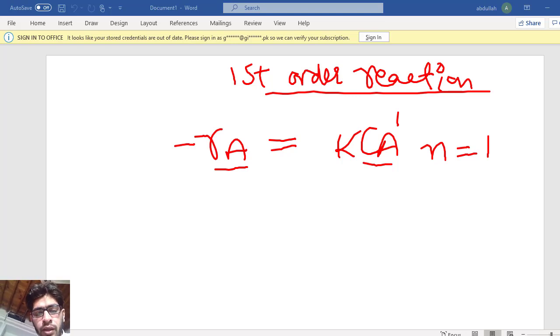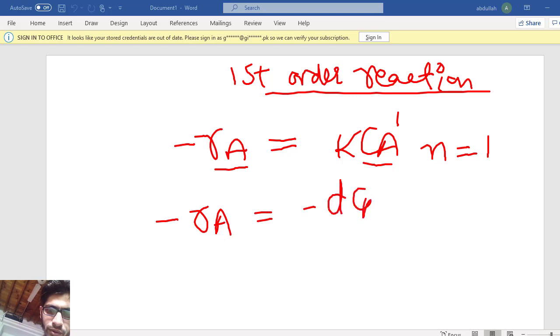Now, as we know, the rate of reactant is equal to the change in the concentration of A with respect to time.